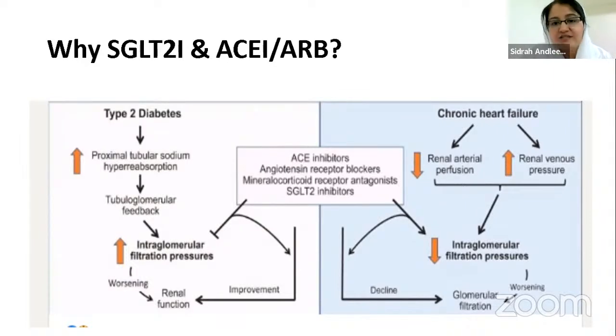No other medication has that role. So they're specific for that. They're the drugs of first choice. Always in a diabetic patient, add an ACE inhibitor, no matter what. If the ACE inhibitor is causing cough or problems, switch it to an ARB. Try to play around, but make sure that the patient ends up receiving an ACE inhibitor or an ARB.